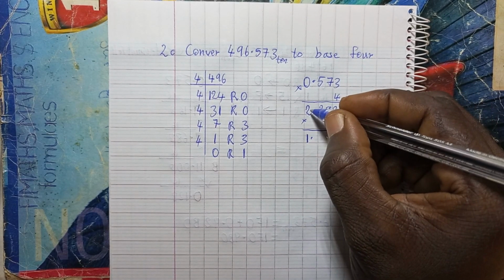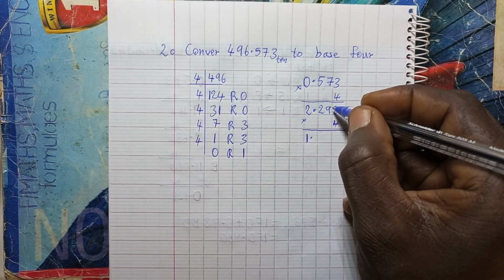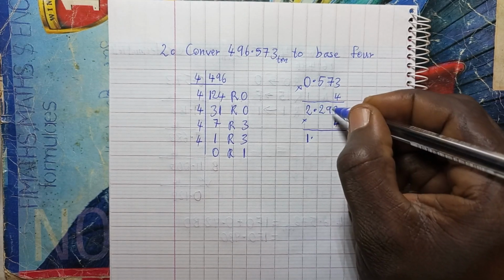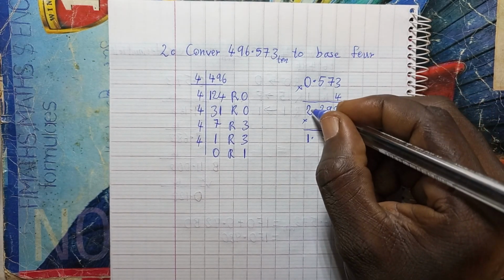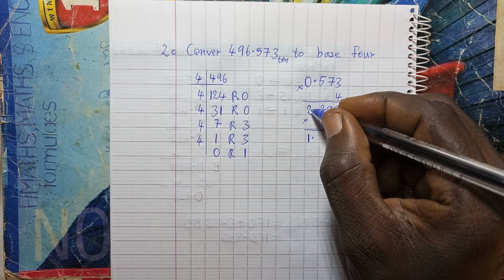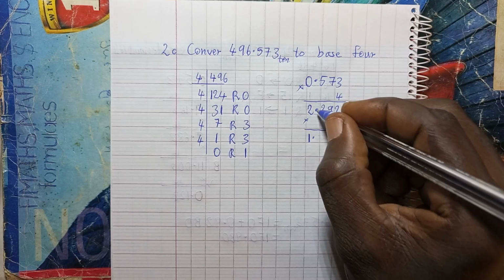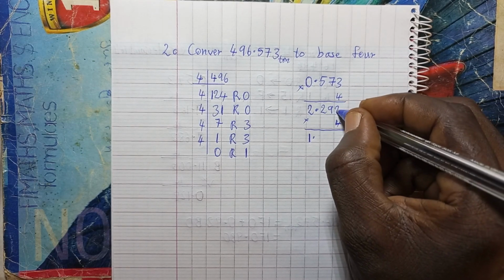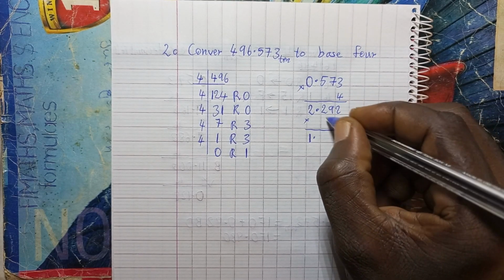Remember, at this place we're not multiplying all the value here by 4. We're multiplying 0.292, because we are taking these two here, we assume it's 0. So we'll take 0.292 then multiply by 4.